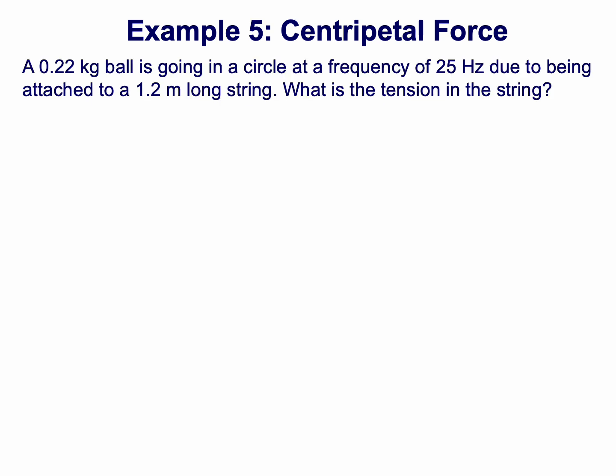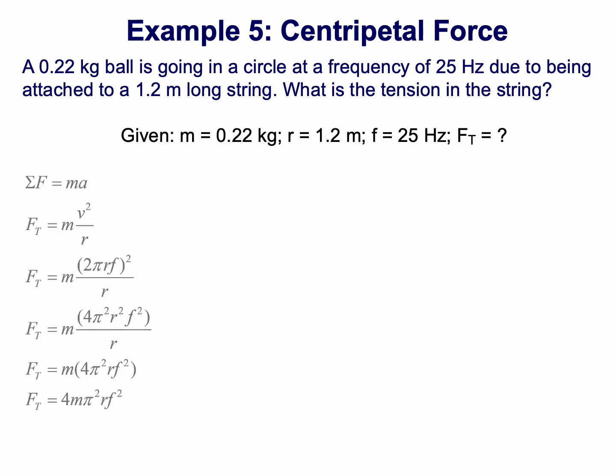So the last question is we have the frequency, and what we're looking at is a ball being swung around in a circle. And so we have our givens here. Once again, we have frequency, and this one gets kind of weird very quickly.